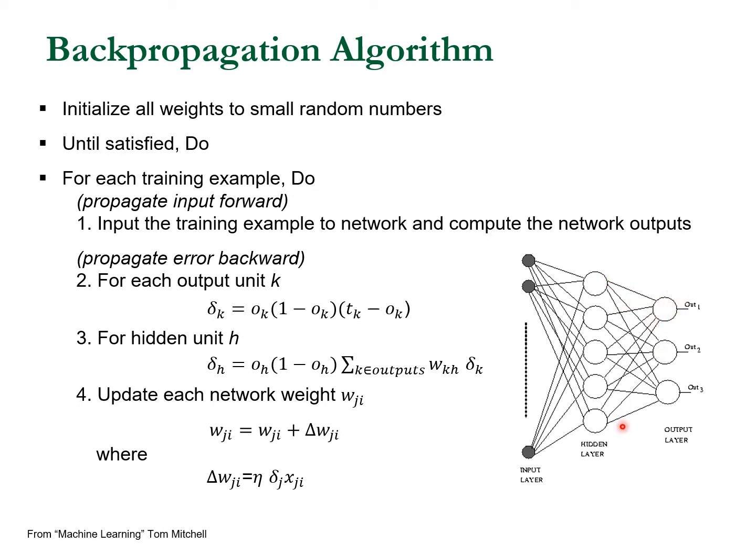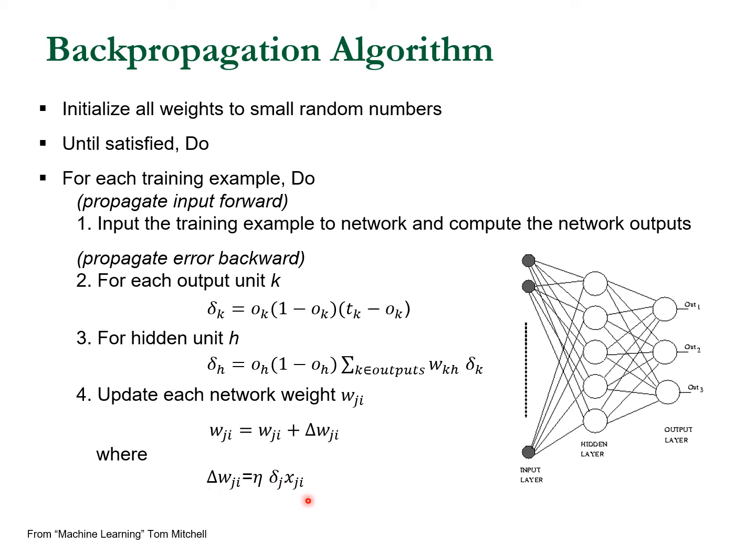Same thing, if you want to update the weight value of this one, you use the delta value for this node. Let's say you update the weight value of this one, then for this delta J, you use the delta value for this node. So always use the delta value of the to part, not the from part. That's the key point here.